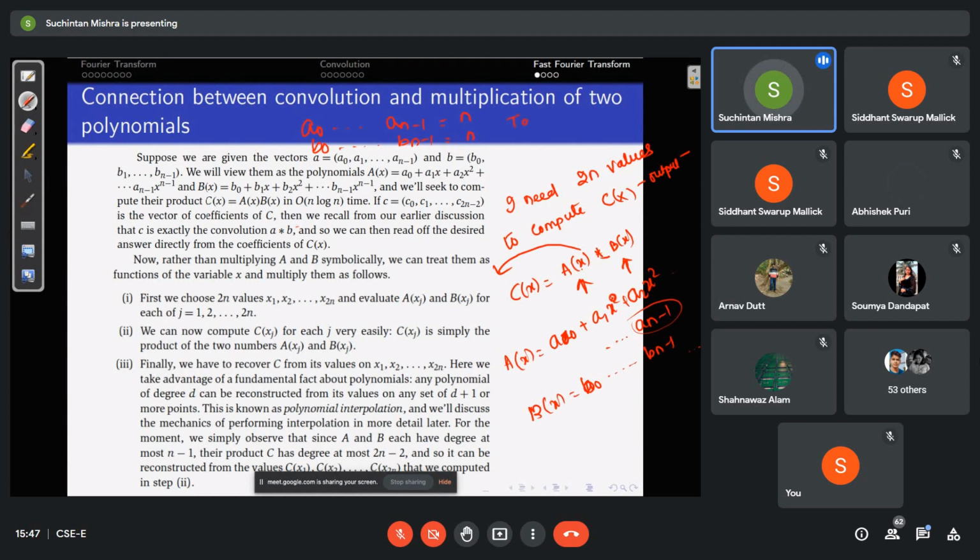So to solve for C, I need at least 2n values: n values of A and n values of the polynomial B. Now, if I calculate for n here, again calculate for n here and multiply them, the time will again become n square.